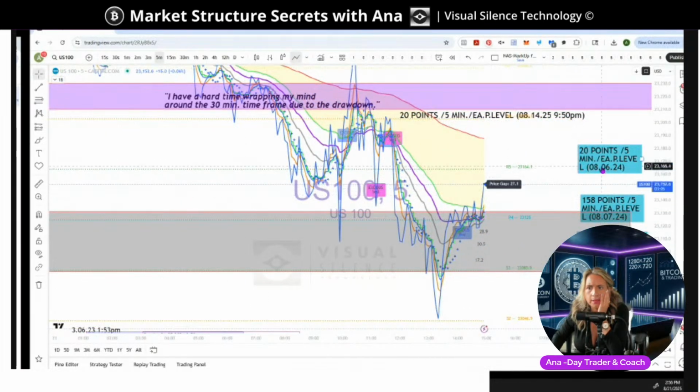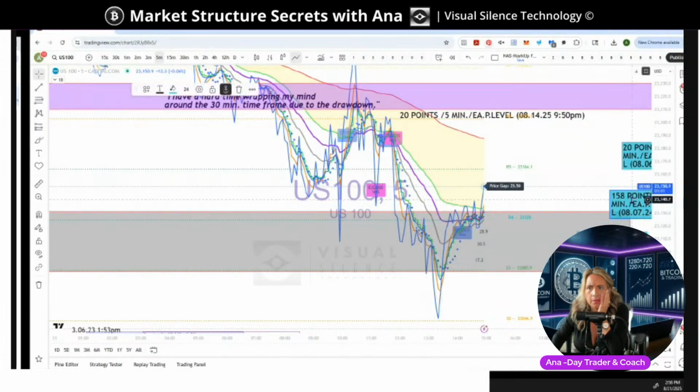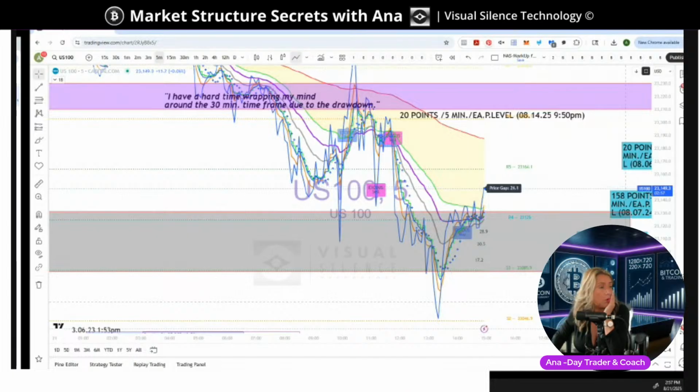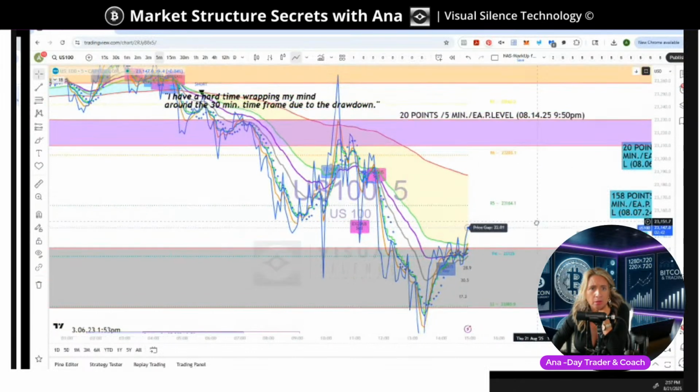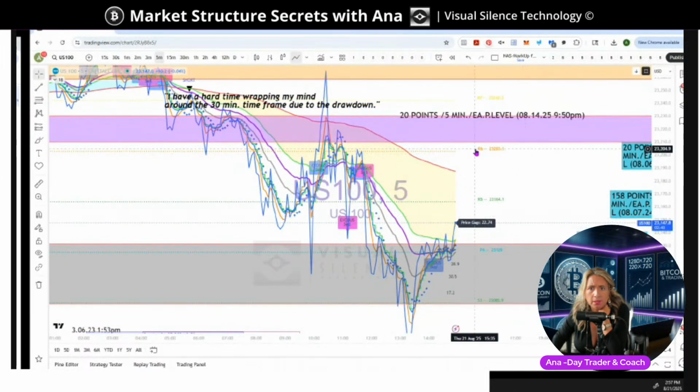And let me see. I can put some of these aside. You don't need to be seeing all that. Let's see how this is coming across. Okay. Now, these zones that I have here on my chart are support and resistance levels for certain time frames.